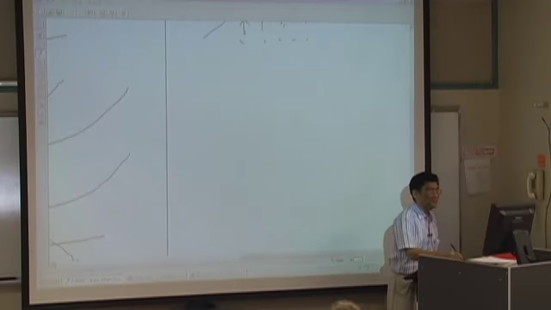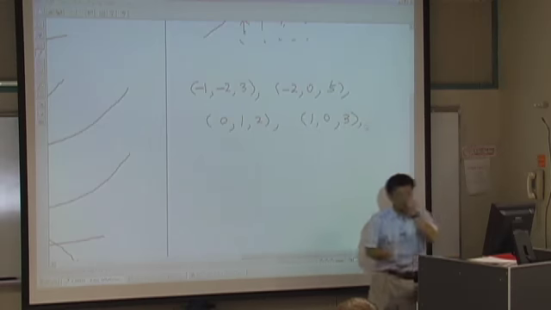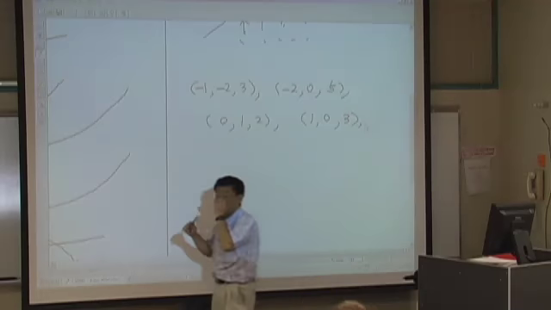The points are (-1, -2, 3), (-2, 0, 5), (0, 1, 2), (1, 0, 3). Maybe 4 points could be enough, right? 4 points. There could be many more points.